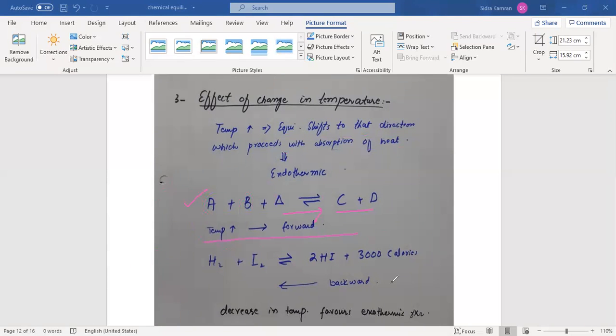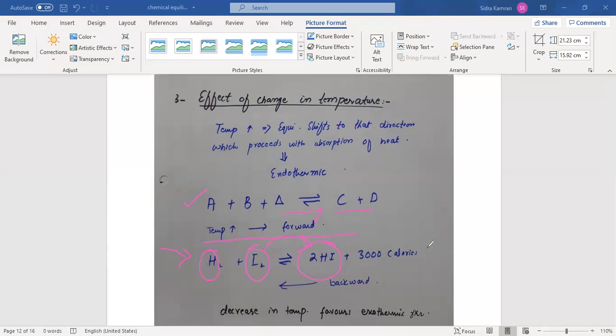In the second example, when hydrogen and iodine react with each other, they make hydrogen iodide. In this reaction, if you add heat, it will not move towards the product, because this is not favored as an endothermic reaction.